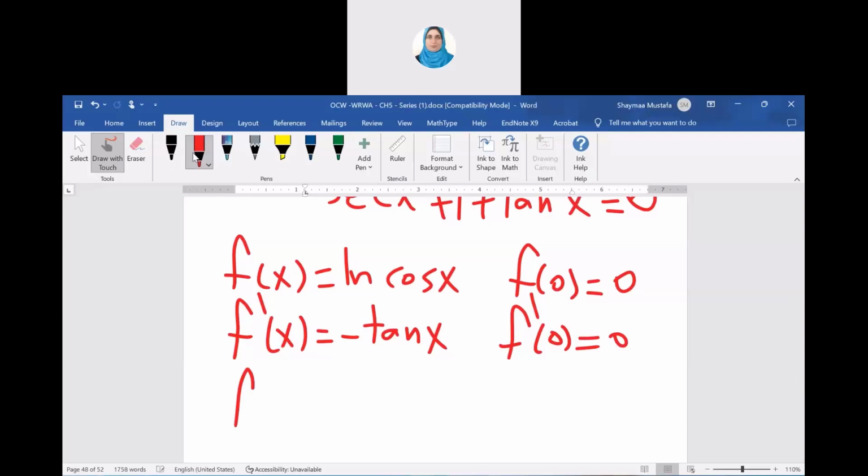Now the second derivative is minus sec squared x, or we need to use the relation.